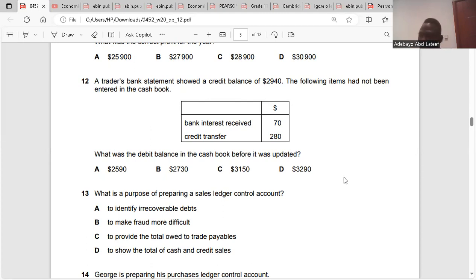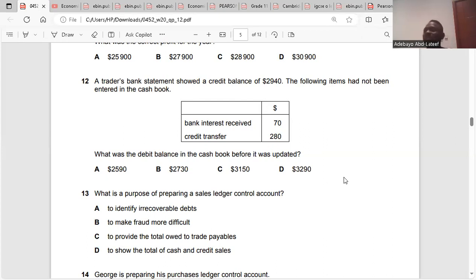Your bank statement shows the credit balance of 2,940. So your debit balance in your cash book should have the same figure, but it's not having it. Why? Because there's an interest you received that the bank has credited, but you have not debited in your account.